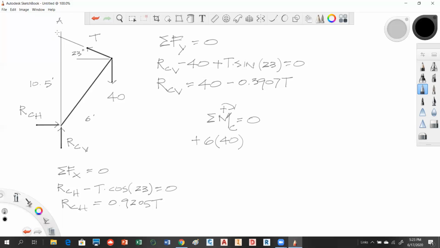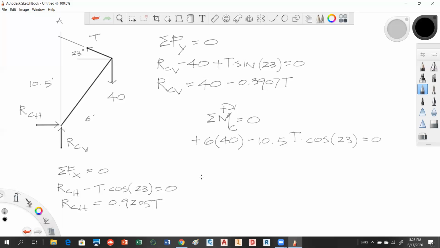So when we were up here, we have the vertical component, which is gone, but the horizontal component is going to be T cosine 23 times the distance of 10.5, and that's a negative rotation. So we're going to have negative 10.5 times T times cosine of 23. And all of that then is equal to 0.